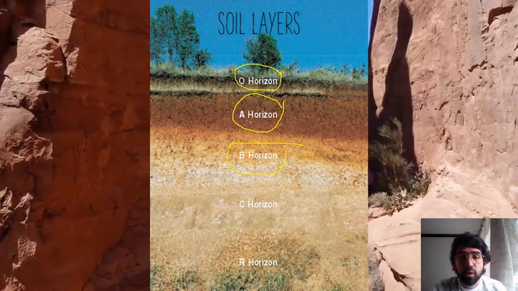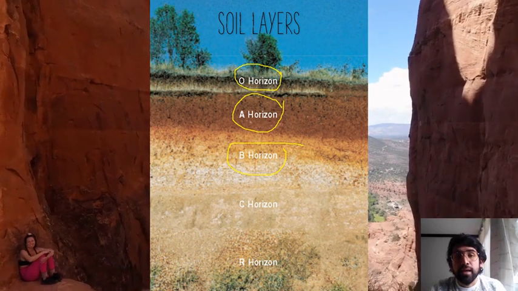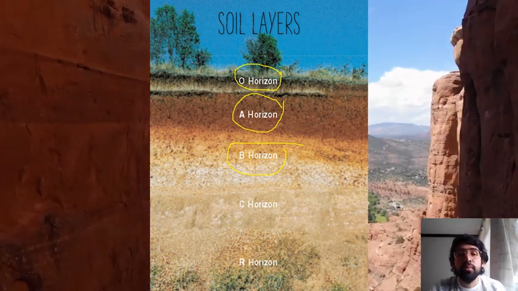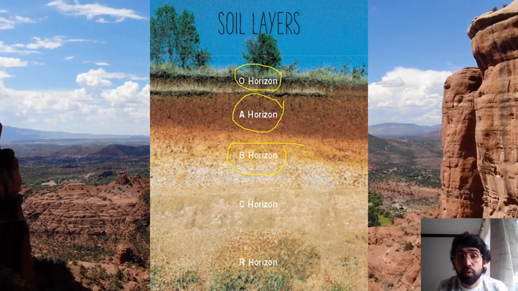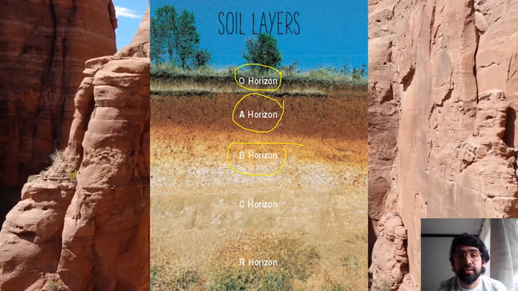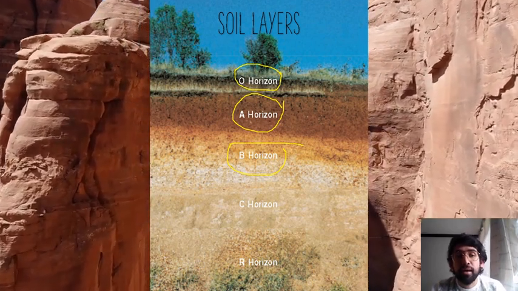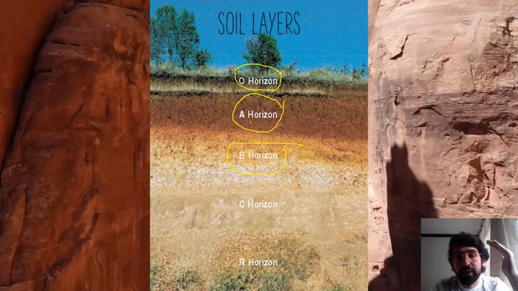In the B horizon, well, this one is below the A horizon and is a zone of accumulation and infiltration of minerals. So we got here clay, sand, and iron oxides. They are transported by water from the upper layers, in this case the O and A horizon.